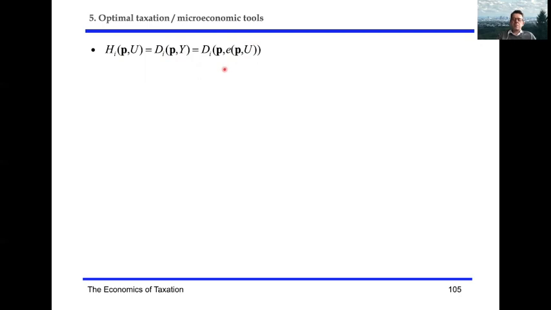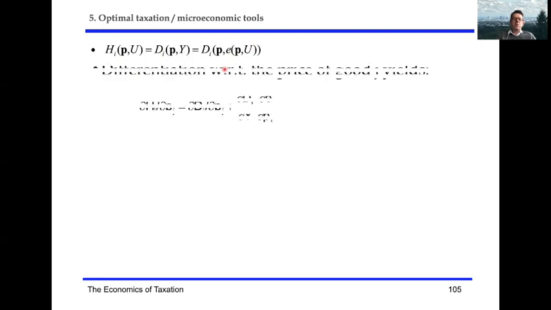And the next step is quite simple. The only thing that we have to do is to differentiate this equation with respect to the price of some good j. So on the left-hand side, we get the partial of the compensated demand for good i when the price of good j marginally changes. And on the right-hand side, we get two effects.